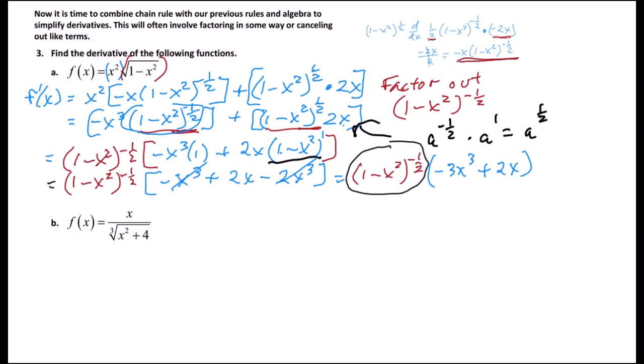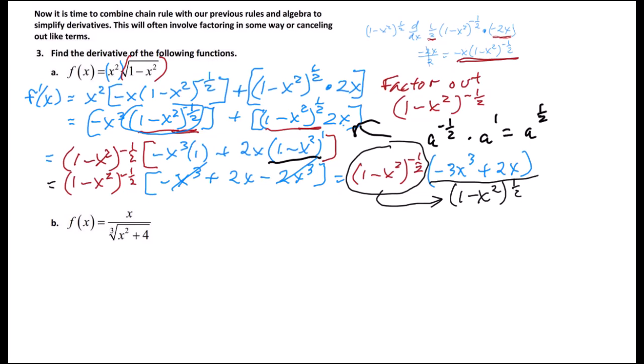I'm going to simplify. I do not want to leave a negative fractional exponent, but what does that mean? That means the negative 1/2 power just means put it on the bottom, right? So this would really be 1 minus x squared to the positive 1/2 if I took this and put it down here.